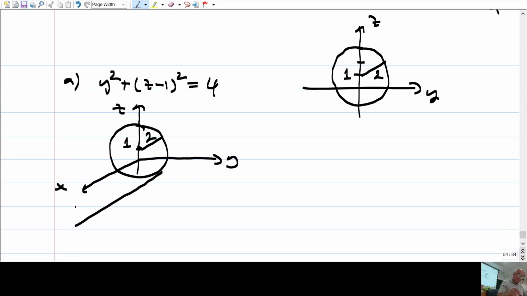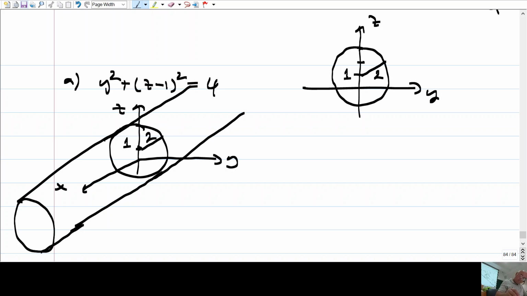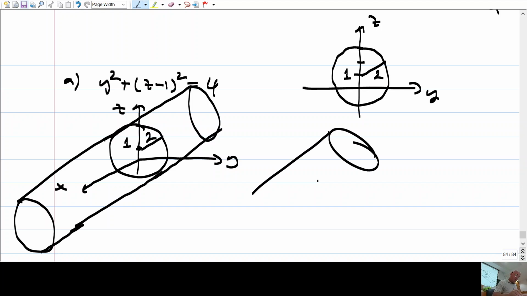So you get a cylinder like this, okay? So it's a cylinder like this, okay?